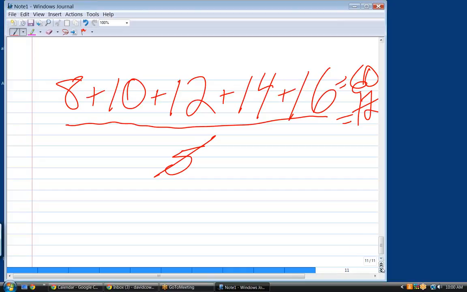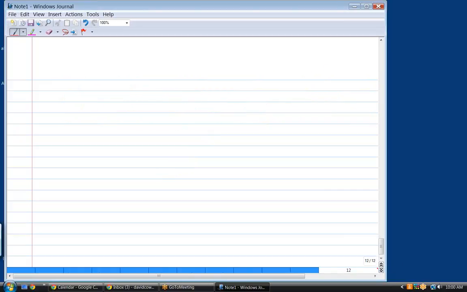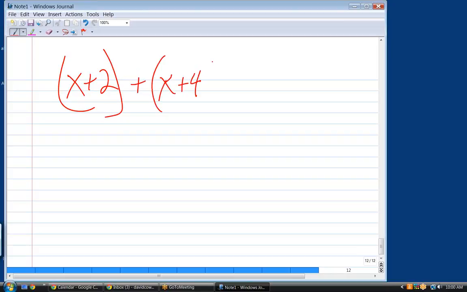Here's an interesting one. The average of x plus 2, plus x plus 4, plus x plus 6 is 0.